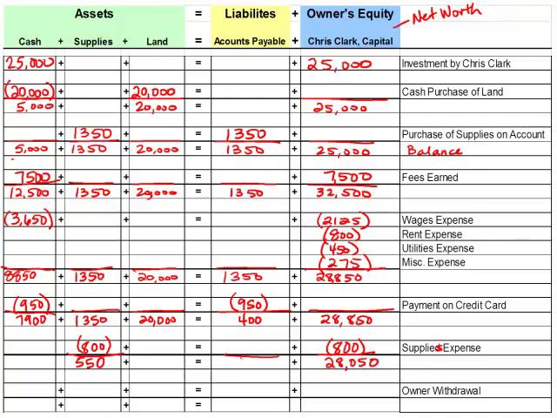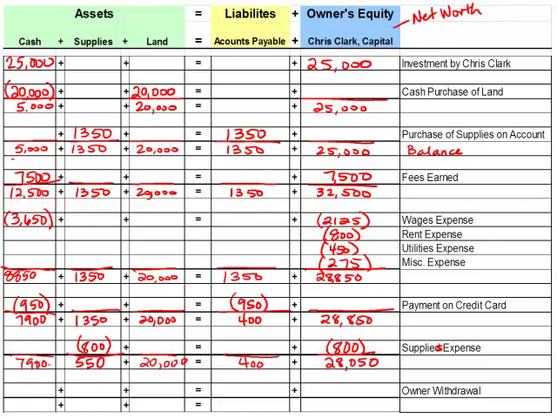If we get our balances, still owe the debt, still have the land, and still have the same amount of cash. So if we add up both sides, we get $28,450. And our equation still balances. So no matter what we do, we can put it in terms of the accounting equation, and it's going to remain balanced.